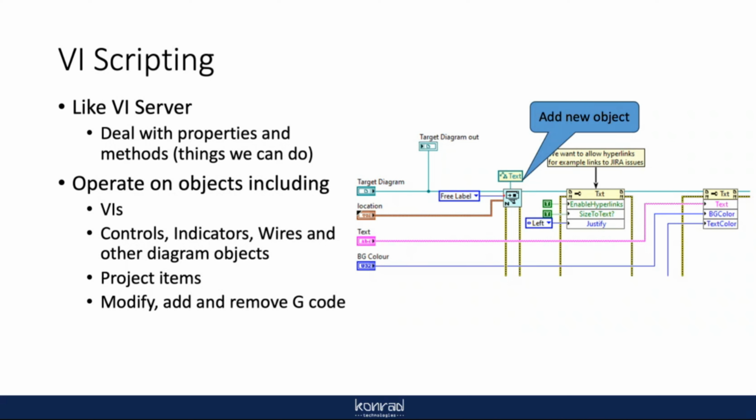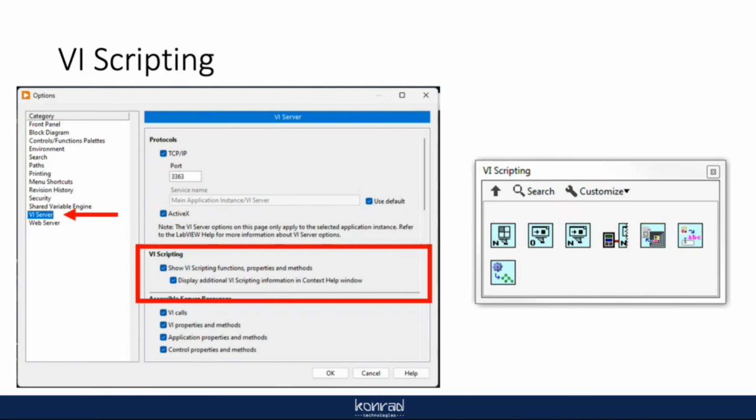So VI scripting allows us to operate on objects on the block diagram, but also VIs themselves. It allows us to operate on the LabVIEW Project Explorer. It allows us to modify, add, and remove G-code from block diagrams, from the project, anywhere. So we can use VI scripting to automate some tasks that we would normally do manually on the LabVIEW block diagram or on the LabVIEW front panel.